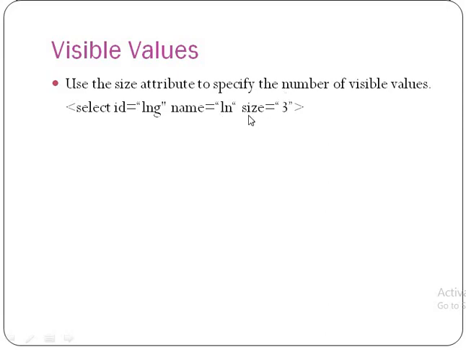And the value of the size attribute is the number of items that are to be visible while executing the program. So if we are giving 3 as the value of size, then 3 items will be visible while you are executing the program, and the drop-down list will be showing 3 items.